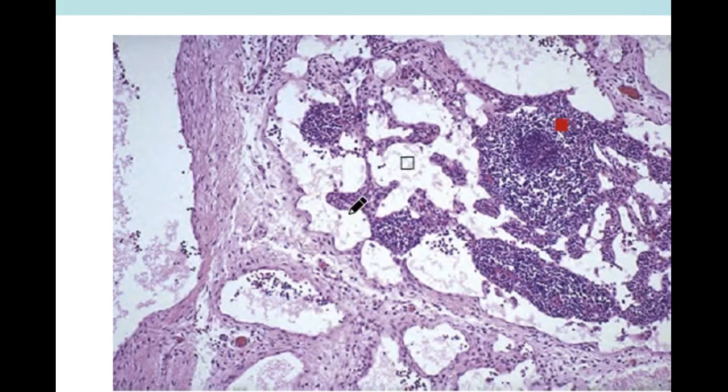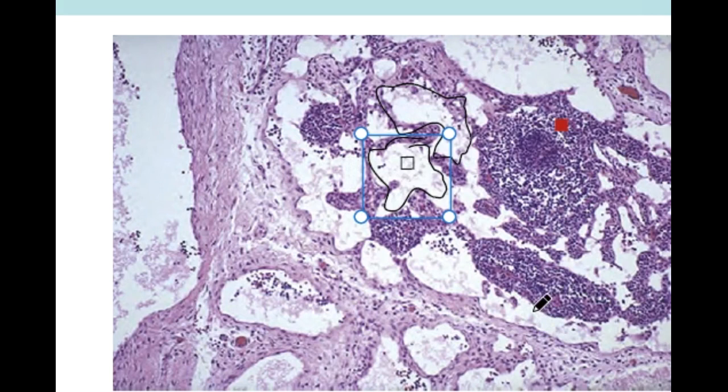If you see the same above picture, take the microscopic section, it looks something like this. Here you will see large lymphatic spaces. These are the many white colored things. These are many lymphatic spaces which are lined by thin endothelium. The main important thing is there are no RBCs or red blood cells seen in these vascular channels.